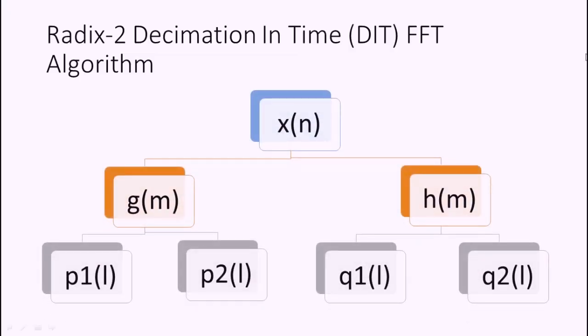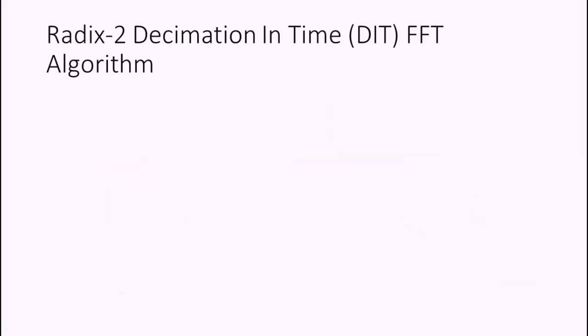So Xn split into GM and HM, and GM split into P1 and P2, HM split into Q1 and Q2. Next, we draw the pictorial view of splitting the index of Xn.